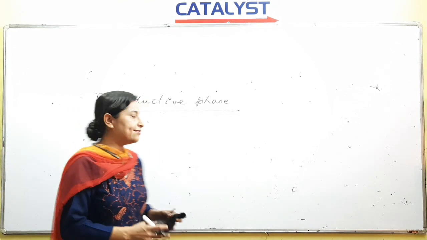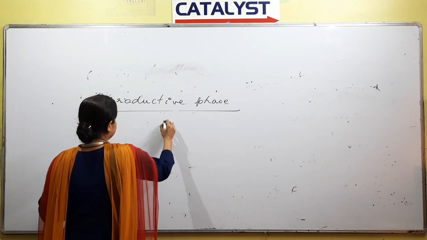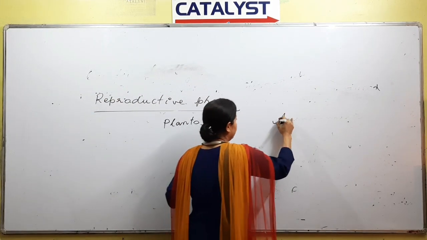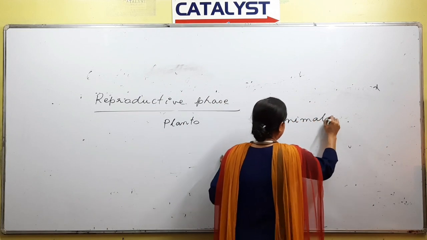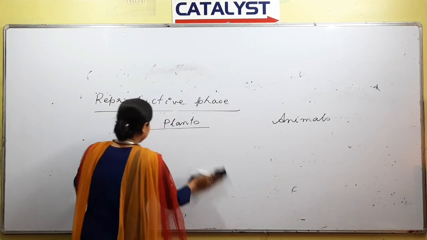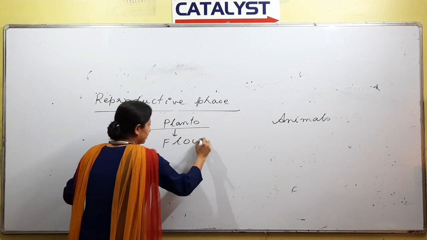Generally in plants, the reproductive phase means flowers start developing.